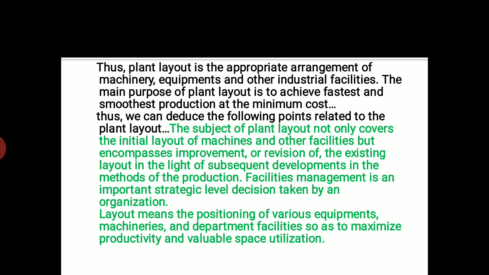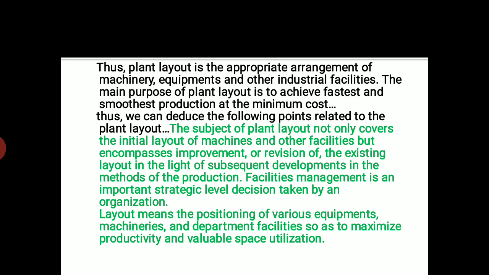That means initially, if you are starting with a new venture and designing your plant, that is one way of having the layout, but it may also be an improvement of whatever the existing things are. When you feel that you need a little bit of development, when the methods of production are changing, you may have to even change the layout, and that is also a part of facility layout.